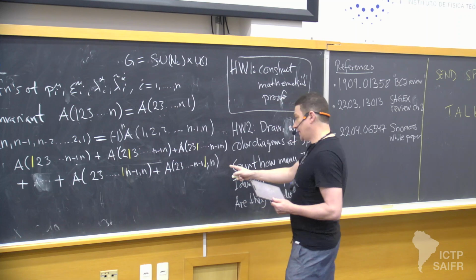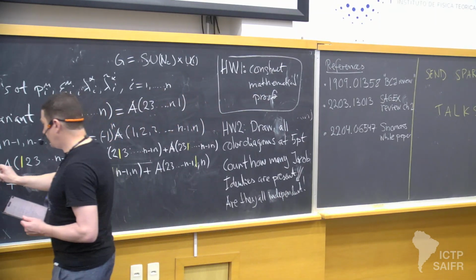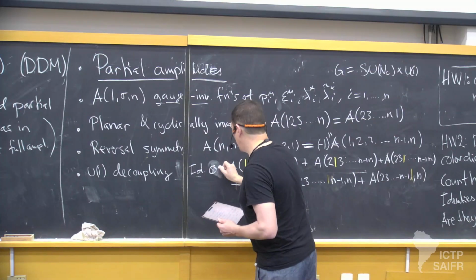I don't need to move it to the last slot, because by cyclicity that's the same as this one. But if you add up all of these, this is actually 0.